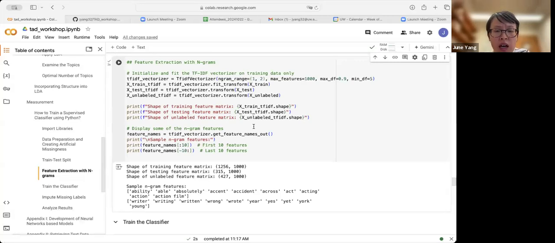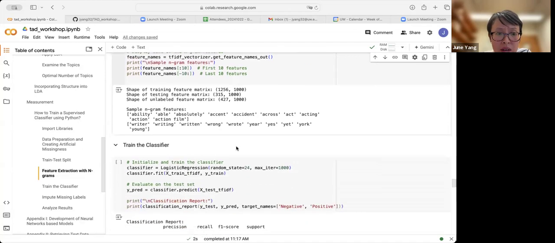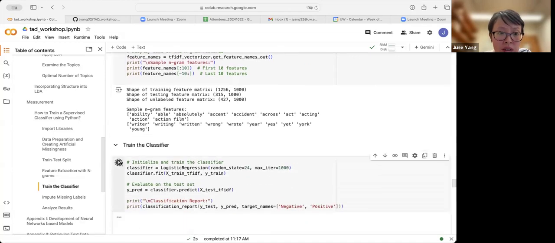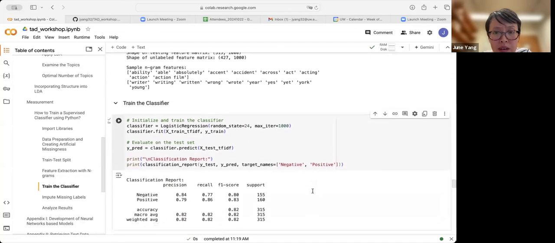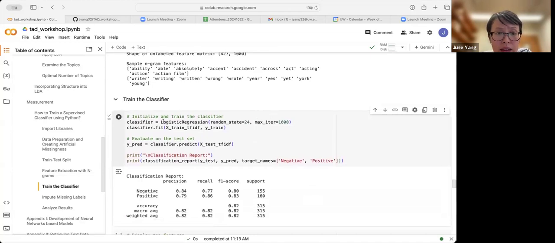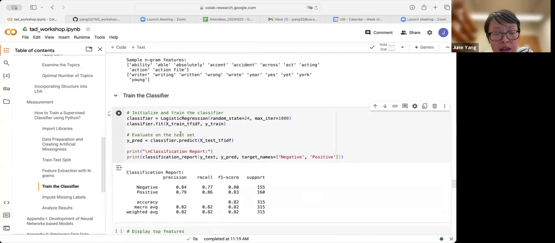This is essentially what we're trying to do here, using this document term matrix by building a logistic regression. So here we use the document term matrix we came up with to train this logistic regression. And then we evaluate here on the test set, and it's also possible to evaluate on the validation set.